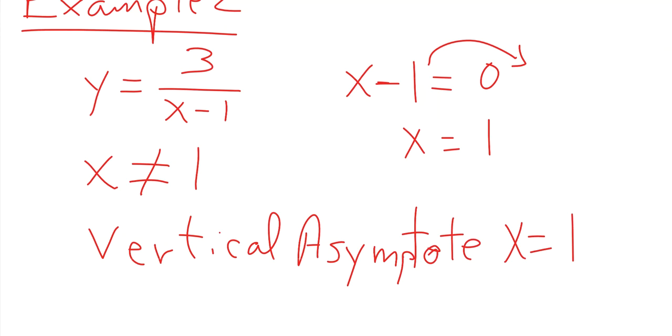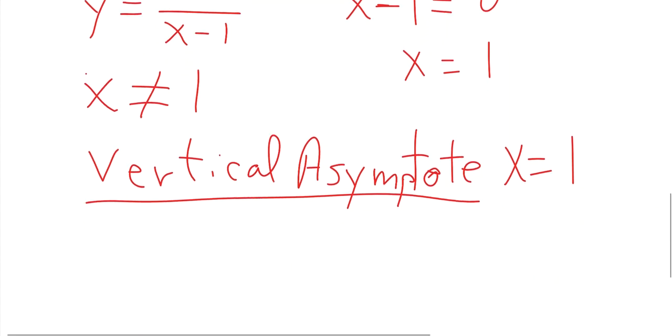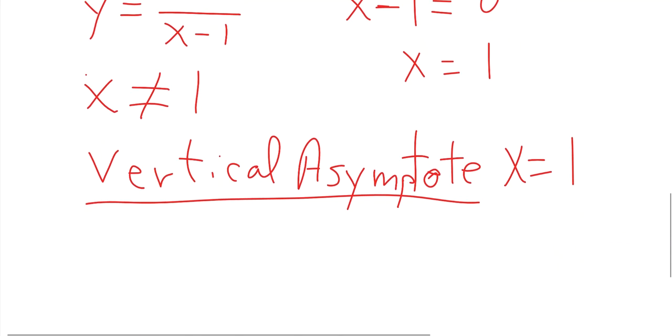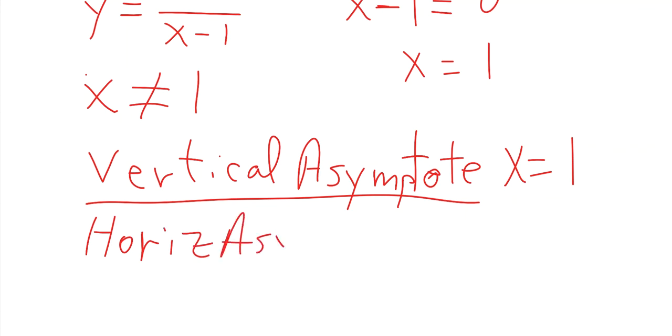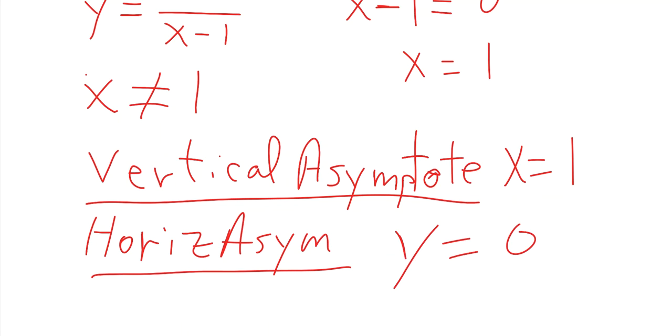Okay, that's our vertical asymptote. And the horizontal asymptote is the same as it always was. It's going to be y equal to 0. To save time, I'm just going to abbreviate. Horizontal asymptote is y equals 0.